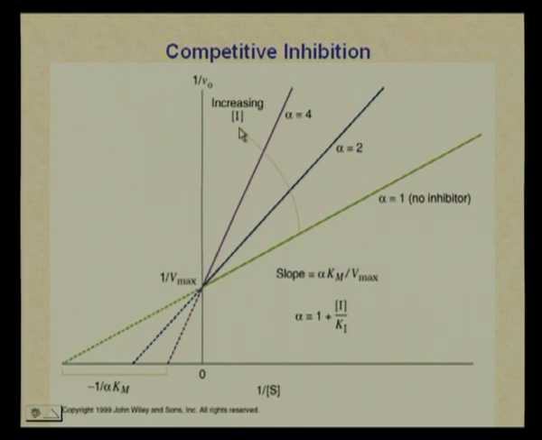but for increasing inhibitor concentrations, you are going to get increasing slopes, and if you know the inhibitor concentrations, you can actually work out what alpha is, because you know the modified alpha Km. Then from the inhibitor concentration, you can find out the value of Ki, right. So, if I know what the inhibitor concentration is in each case, I can find out what alpha is.